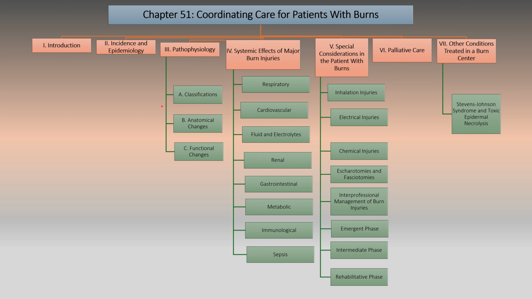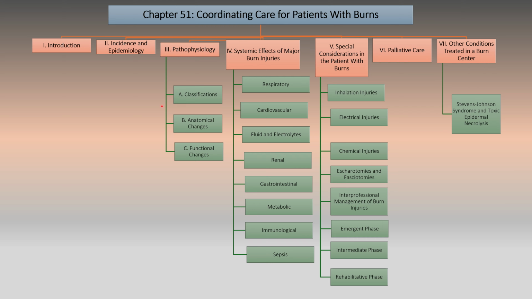Once again, the pathophysiology, we have the classification. The burn etiology: thermal, electrical, chemical, and radiation. The burn depth: superficial, partial thickness, deep partial thickness, full thickness. Total body surface area percentage: rule of palm, rule of nines, Lund and Browder classification.